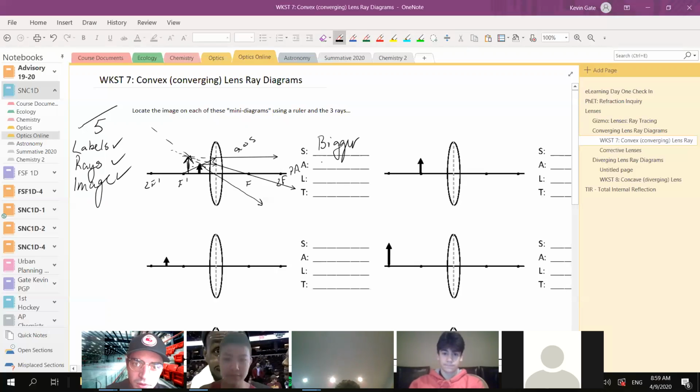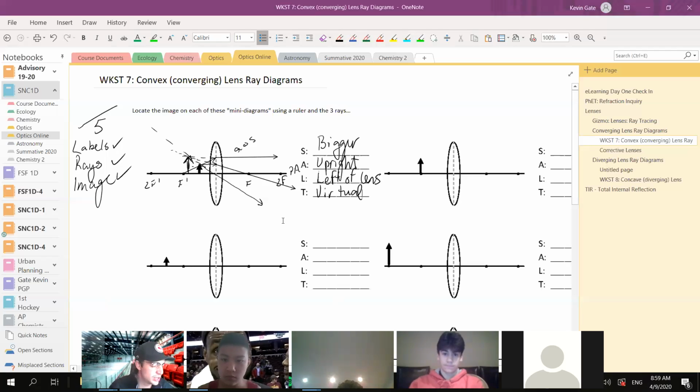Upright. Location. Behind the lens. Sure, I'm going to use the words left of lens. Okay. And type. Virtual. Cool. Awesome. How fitting. A virtual image for these virtual times.